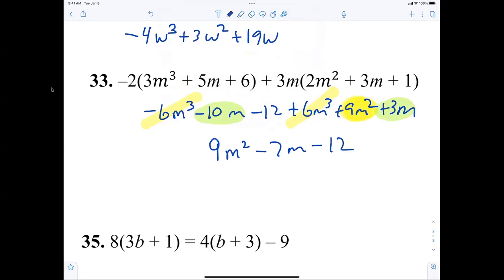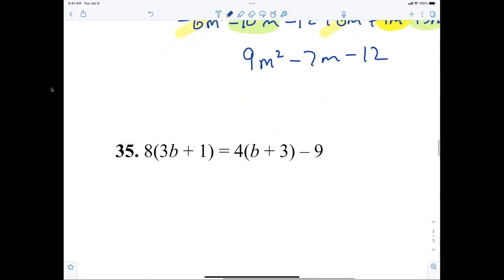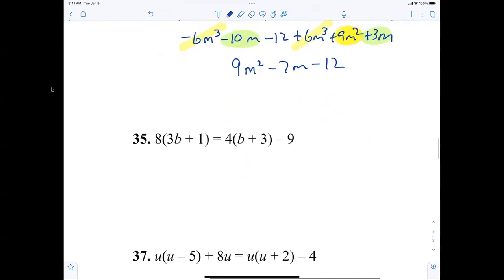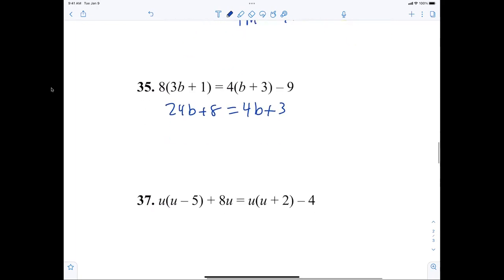I'm good with that. All right, let's solve this now. Wait, can you go back up for a second, please? Thank you. Go, Charlotte. So 24e plus 8 equals 4e plus 3. Good job. Plus 12 minus 9. 12 minus 9 is 3. Come on, guys, get better at your mental math. And then what? You would subtract. So tell me what the next line would be.